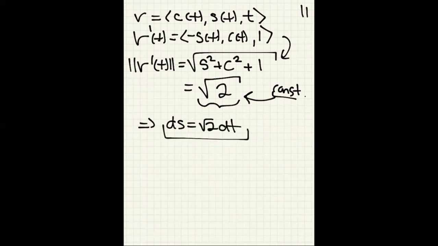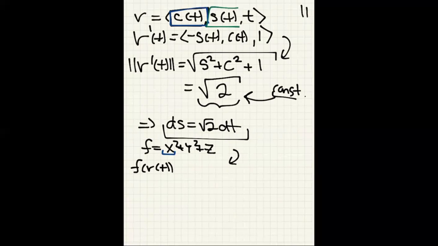And the last thing we need to do is remember f, I'll write it again, was x squared plus y squared plus just a single z. But to figure out the composition f of r of t, I've got to sub in this into this, this into this, and then let's do red, this into this.